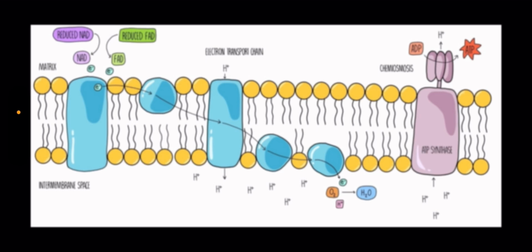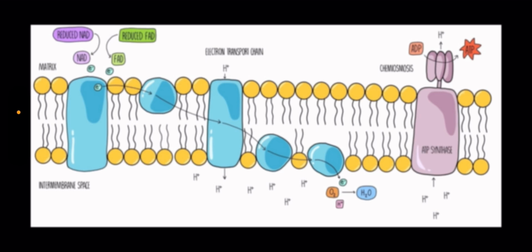Now this proton gradient allows protons to flow through ATP synthase by chemiosmosis. And this flow of protons allows ADP and inorganic phosphate to be synthesized into ATP. Now this happens multiple times and produces up to 36 to 38 ATPs per round of oxidative phosphorylation.